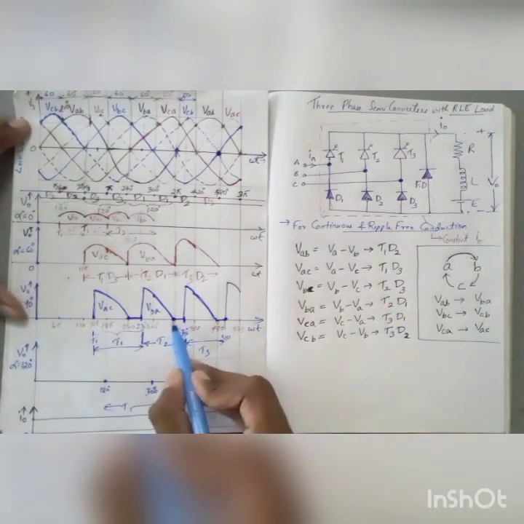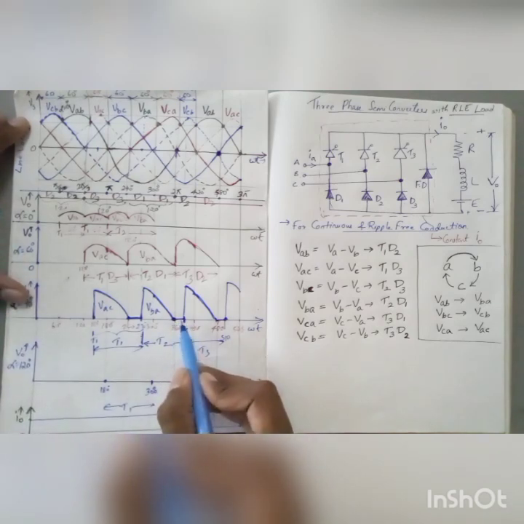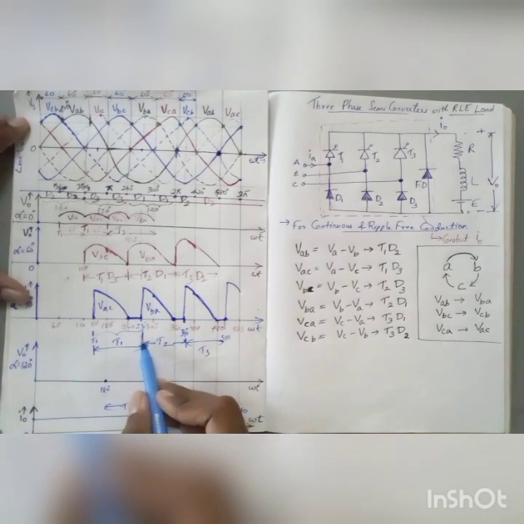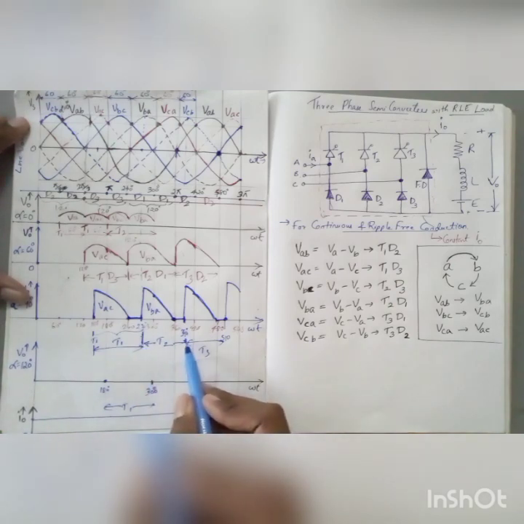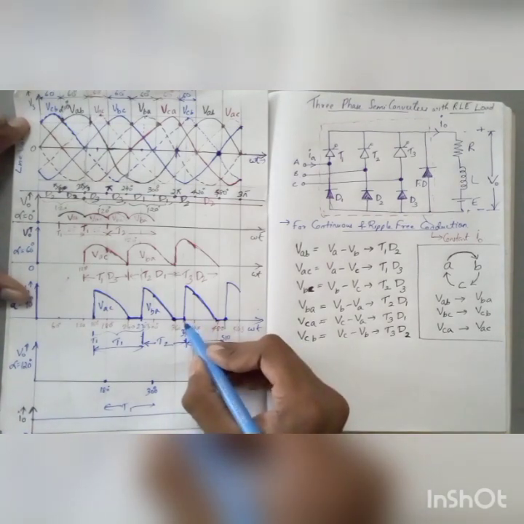So from 360 degrees onwards my output voltage will be 0 until 390 degrees, because from 270 onwards T2 is in on state and conducts for 120 degrees. From 270 to 390 T2 will be conducting, and at 390 degrees T3 will be triggered.